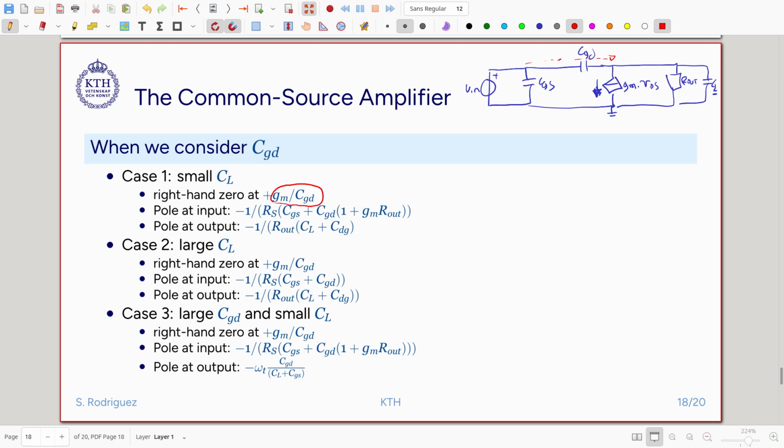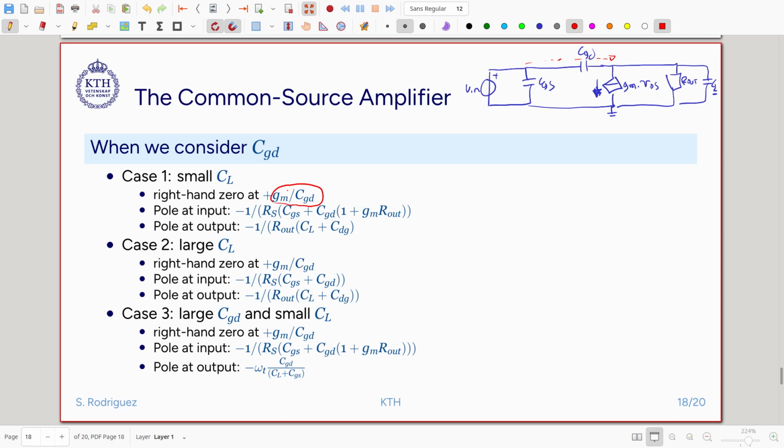CGD is small, GM is a very small value, so the 1 over GM that will be the effective resistance, it is quite small, and the capacitance is very small. You will put the right hand zero very far away, close to FT. Okay, CGS, CGD are not so far away, so this is going to be close to the FT of the transistor.